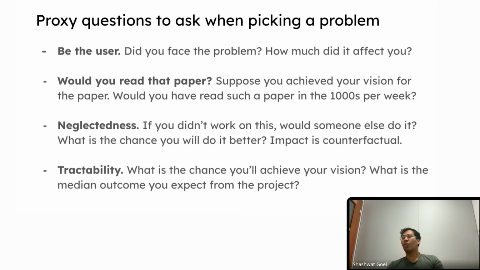And obviously the last thing to reason about is tractability. Don't go for extremely ambitious impossible visions. I mean, it's good to have a long-term vision, but for a single project, always break it down into something that you can actually achieve in the next 6 months. And always think about, okay, what do I expect would happen reasonably if I put in a good amount of effort that I am able to?